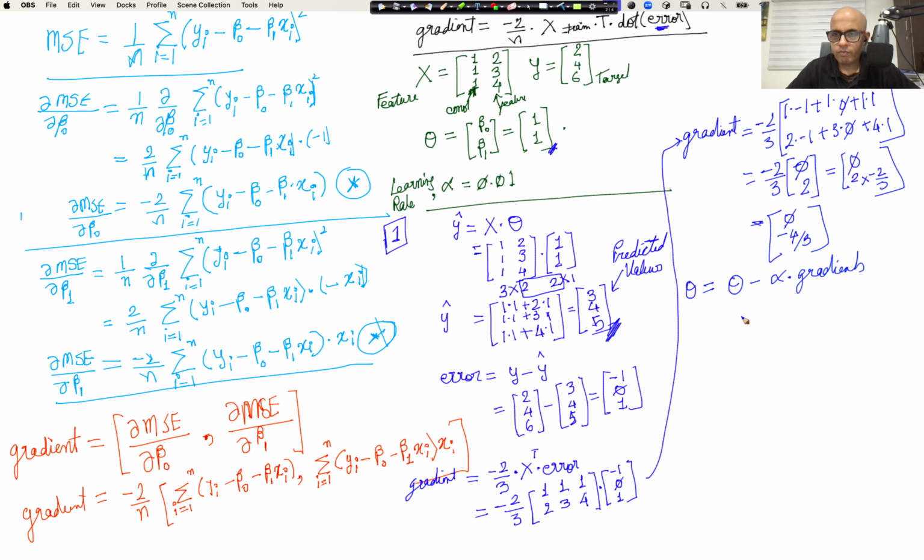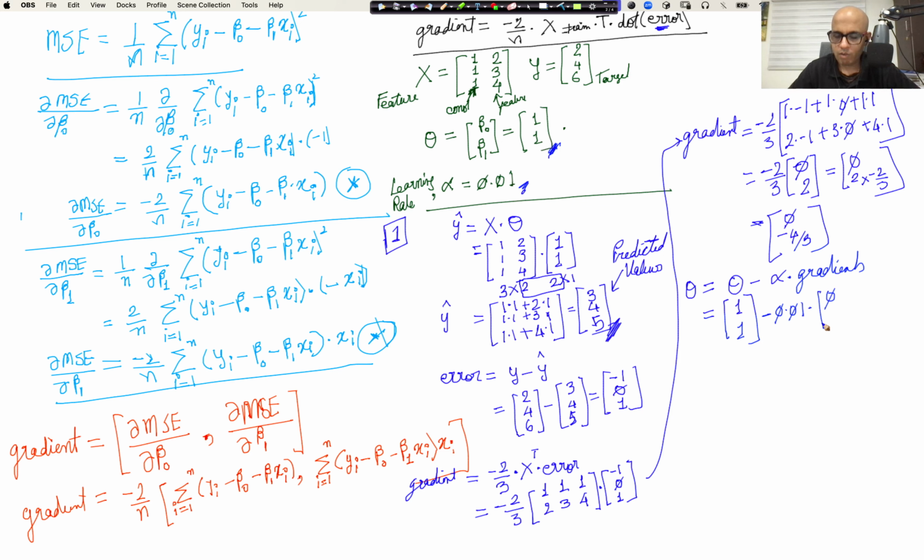For theta, we already have the initial values of beta 0 and beta 1, which is here. That was equal to 1, 1. Then we have our alpha that we set to 0.01, and we are going to multiply that with the gradients.